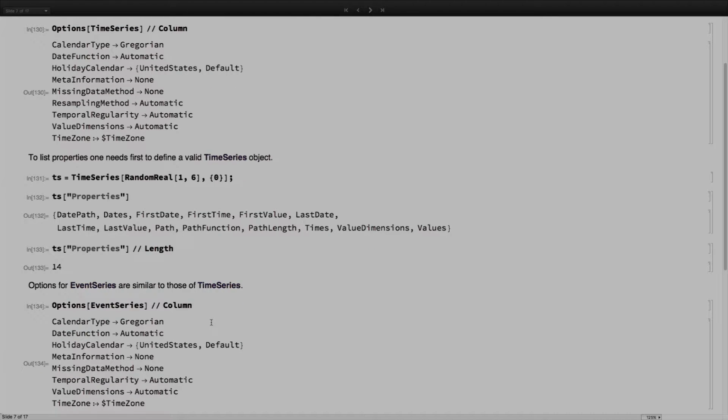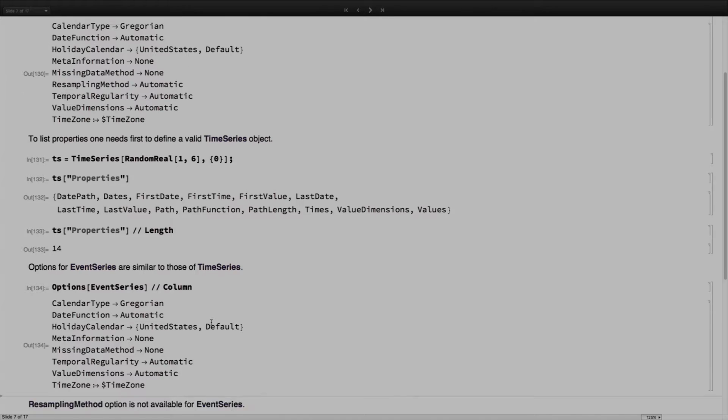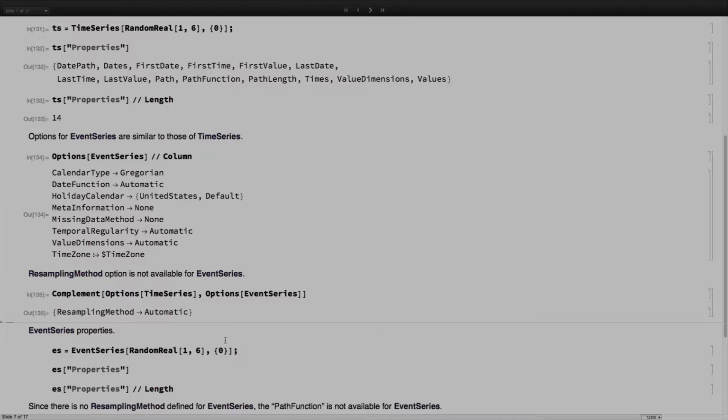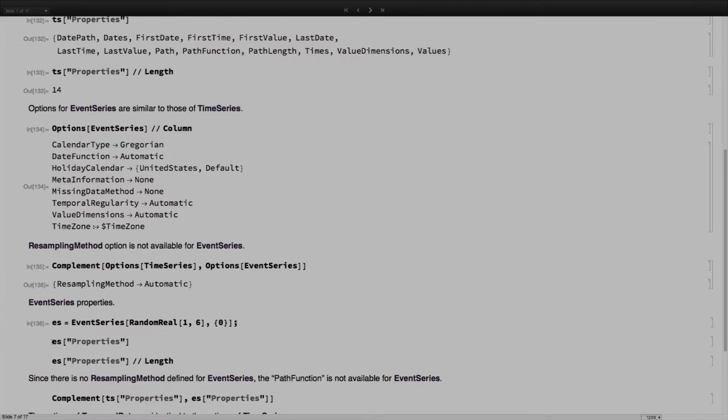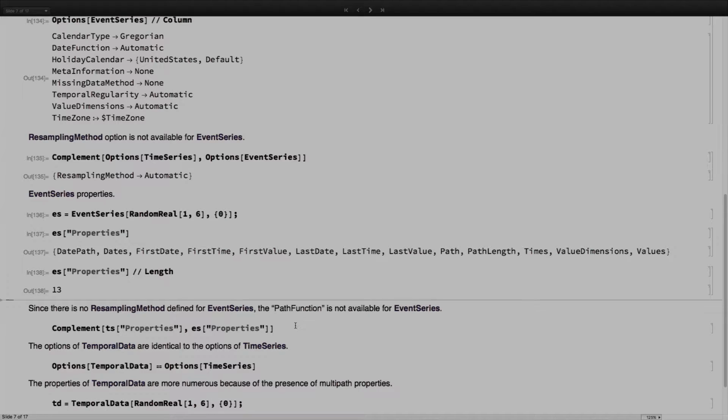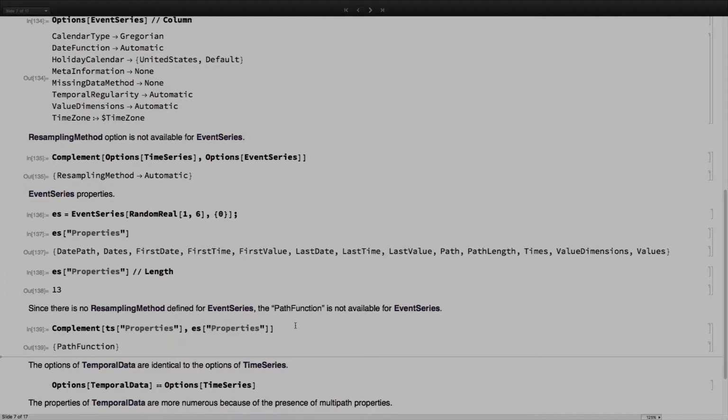Options for the event series are very similar to those of the time series. However, there's one option missing in the event series, which is the resampling method, because we don't have the resampling set for event series, as I said. Properties are also almost the same as for the time series. The only thing that is missing is the path function, because we don't have the resampling method, so we cannot really define the path function.